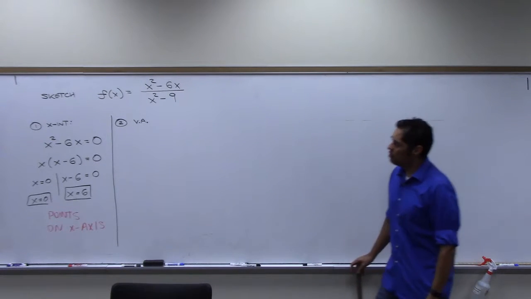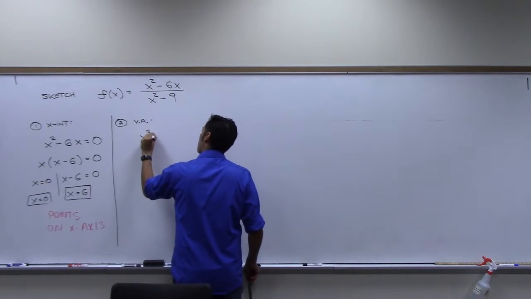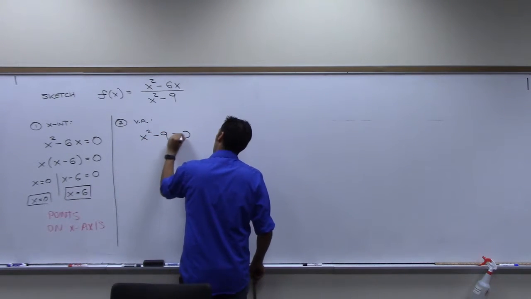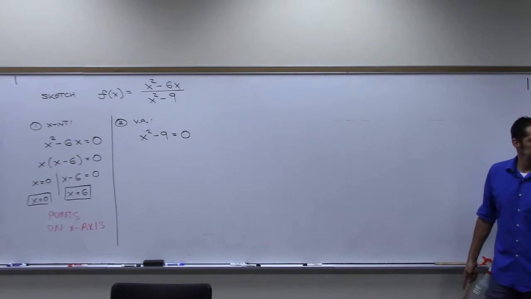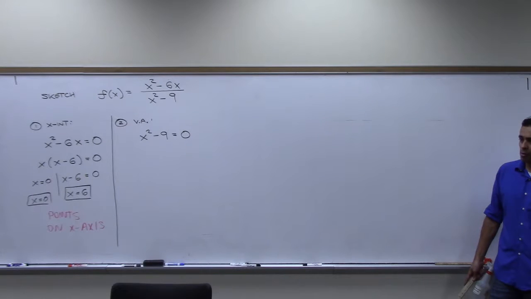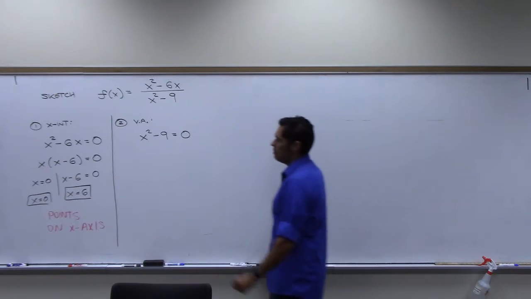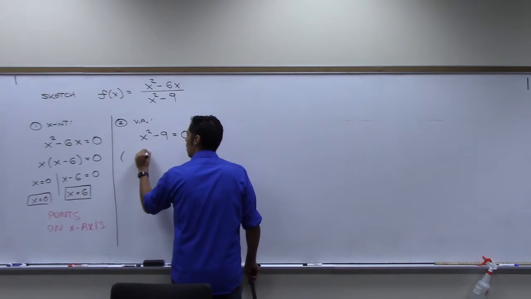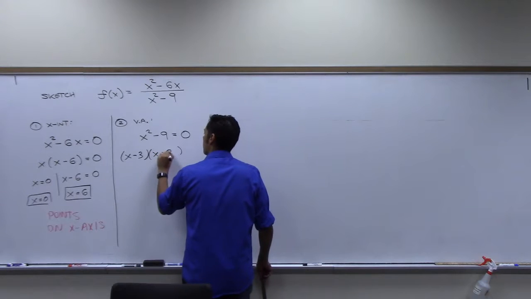To do this, I set the denominator equal to 0. And I hope that you recognize this. Do you? It's a difference of squares. I could rewrite this as x minus 3, x plus 3, and you can do it the other way, right?